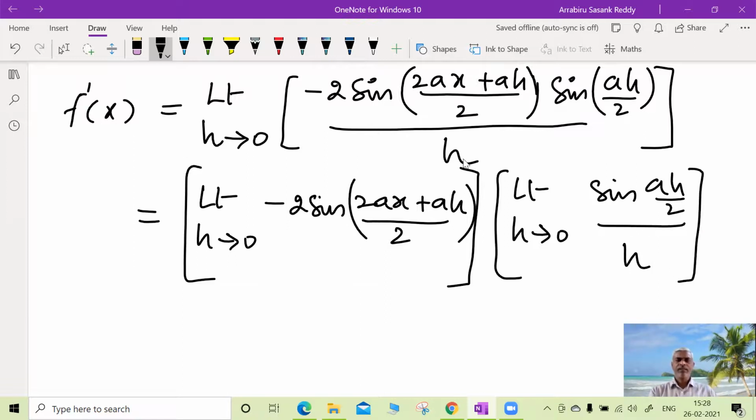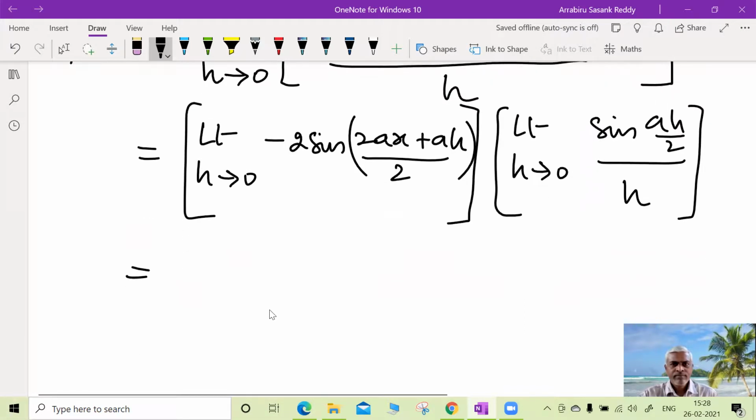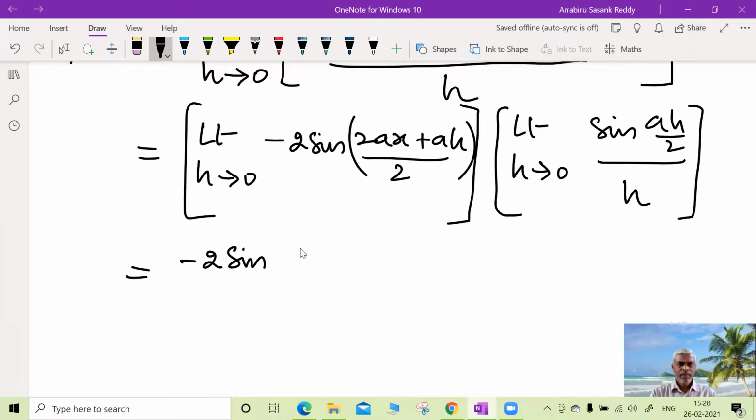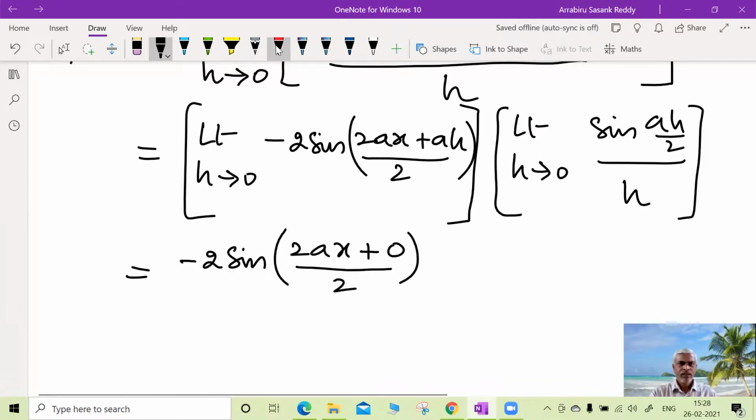I am writing this denominator h for the second limit. Substituting the limit value for the first bracket, 2 sine 2ax, a h value 0, a into 0 becomes 0 by 2, and this 2 will get cancelled.